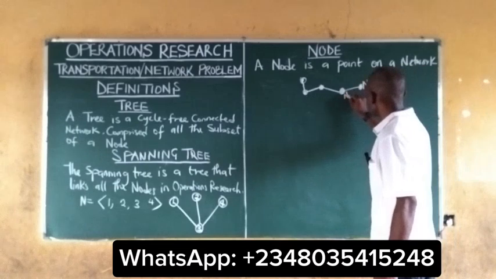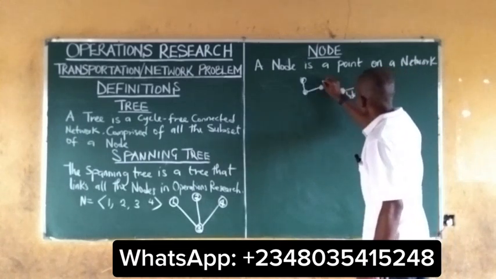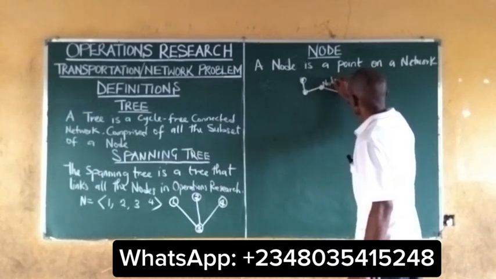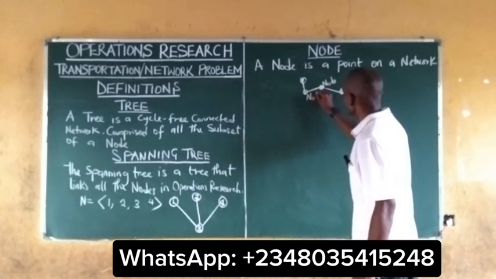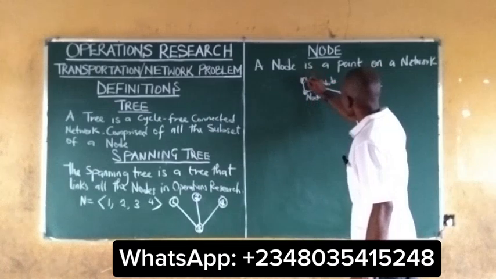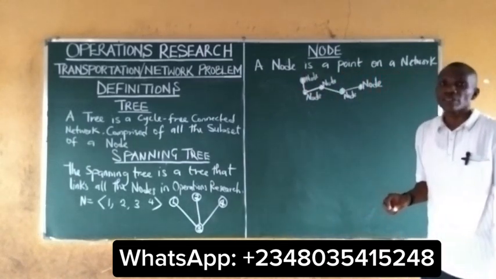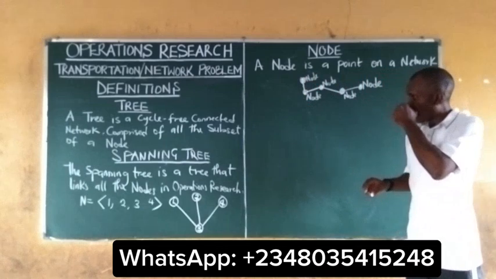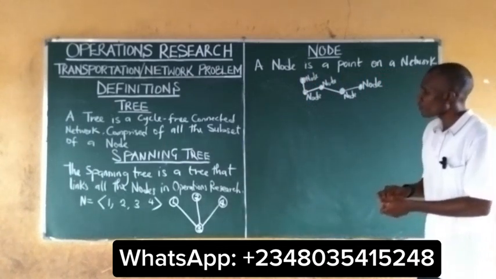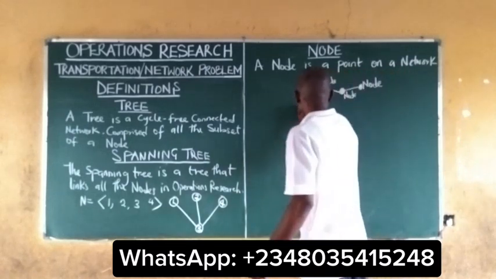This is a node. This is a node. This is a node. And this is a node. So a node is just a point on a network.